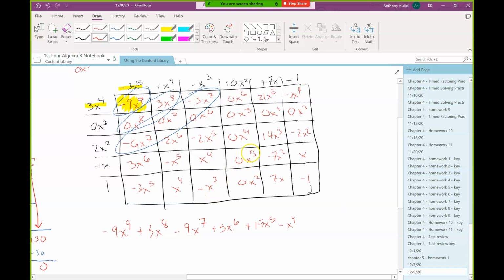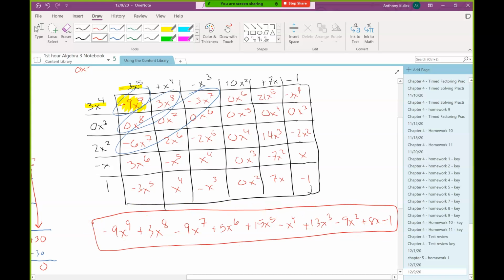And then negative 1, 0, 14, 0 gives me 13x to the third. 0, negative 7, negative 2 gives me negative 9x squared. 7 and 1 gives me 8x, and then negative 1 at the end. And that would be our final answer, that boxed piece there at the bottom.